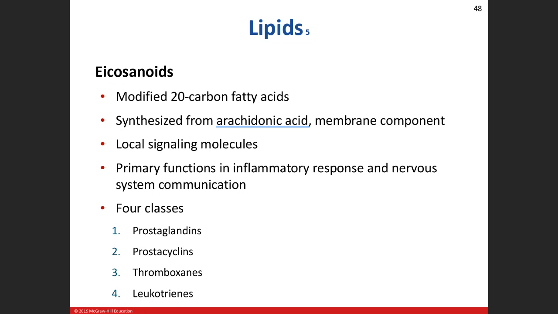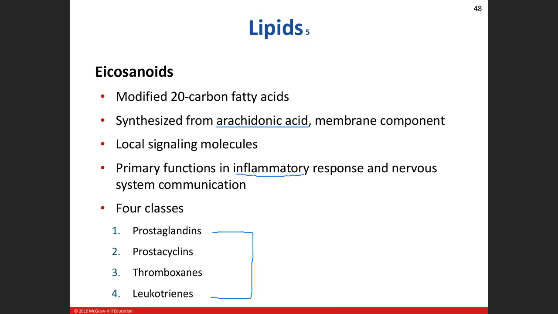And those chemical reactions, we call an enzymatic cascade, which is a series of these chemical reactions that produce these eicosanoids. And these eicosanoids have a lot of different functions, but one of the common functions that we see from these four eicosanoids is inflammation.